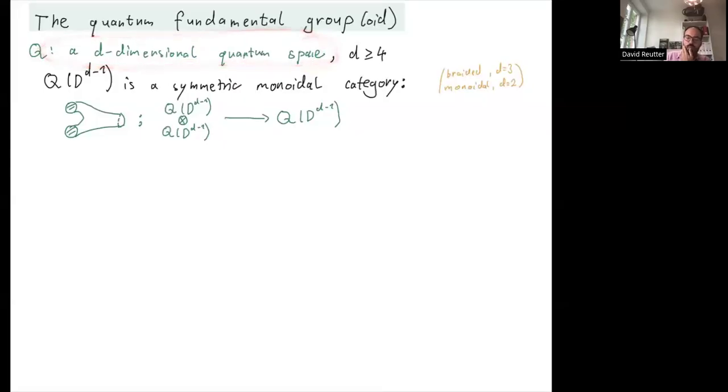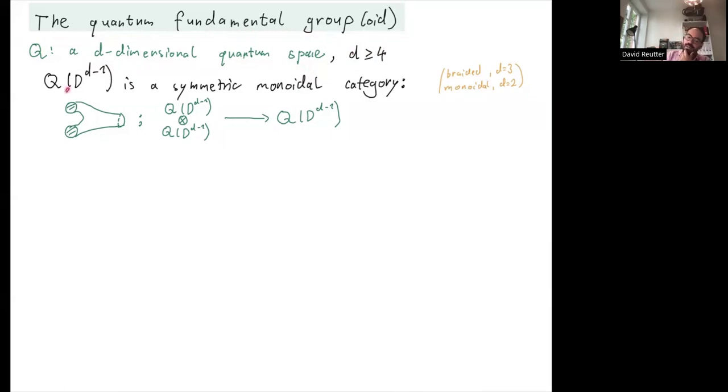It means I have a d+1 dimensional bulk theory and a d-dimensional boundary theory. And I ask this theory to be once extended, so I will get numbers to every d+1 manifold with a d-dimensional boundary. I get vector spaces to every d manifold with a d-1 dimensional boundary, and I get categories to every d-1 manifold with a d-2 dimensional boundary.